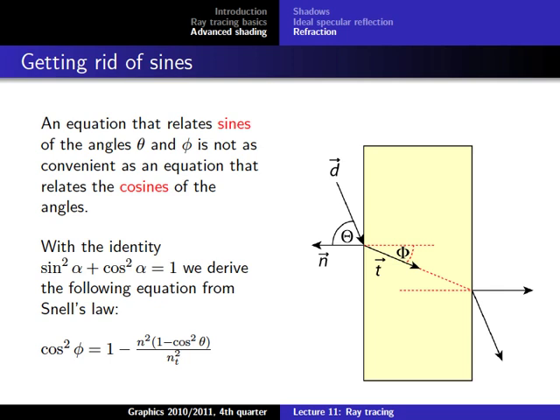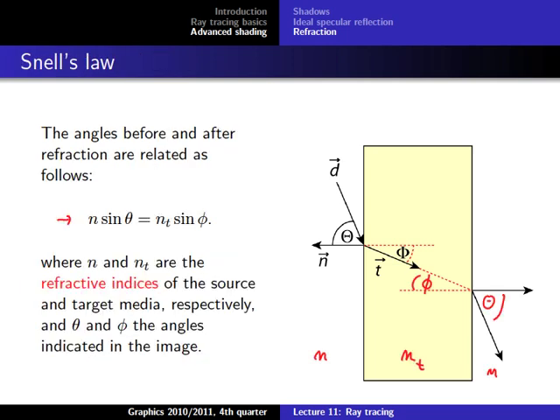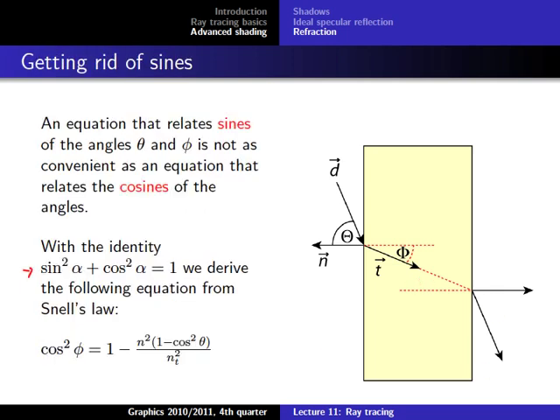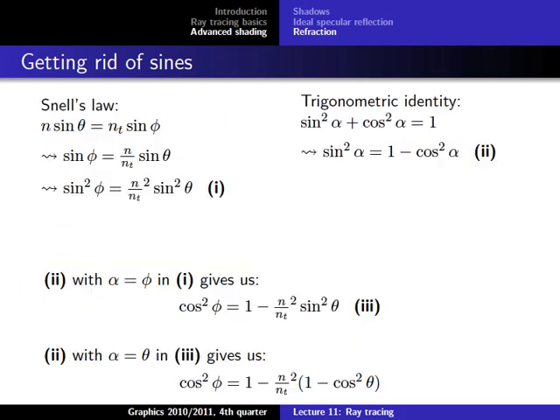But we also have one of these so-called trigonometric identities, which is just a characteristic of these trigonometric functions, which says that the sine to the power of 2 of an angle plus the cosine to the power of 2 of that angle equals 1. And if we use this in Snell's law, we can express Snell's law also with cosines instead of sines. Now it looks complicated, but it is actually very simple.